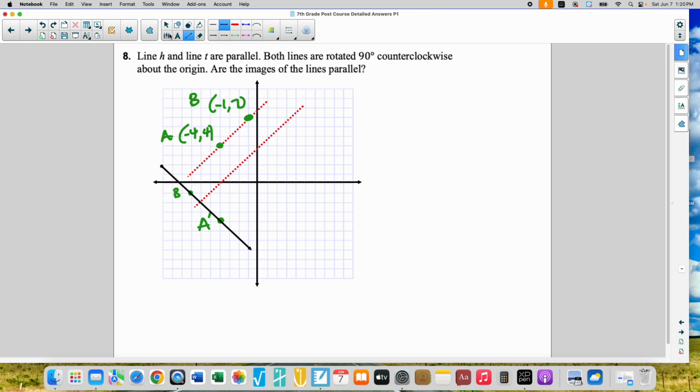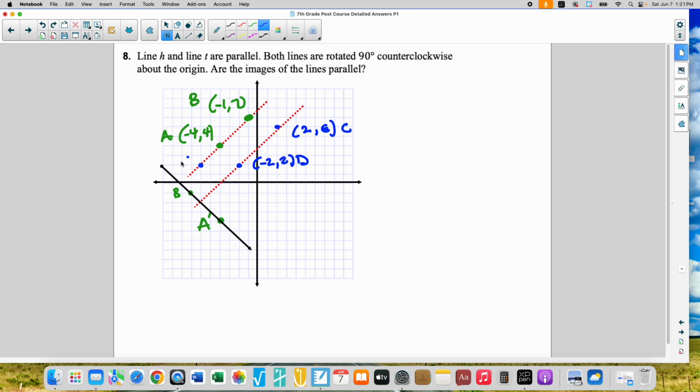Now let's take points from the other line. Let's take that point, which is 6, 2. We'll call this C. And let's take this point, which is in the other quadrant, and that's -2, 2. We'll call that point D. Now let's rotate it. So we're going to flip it and change the sign. That's -6, 6, C prime?